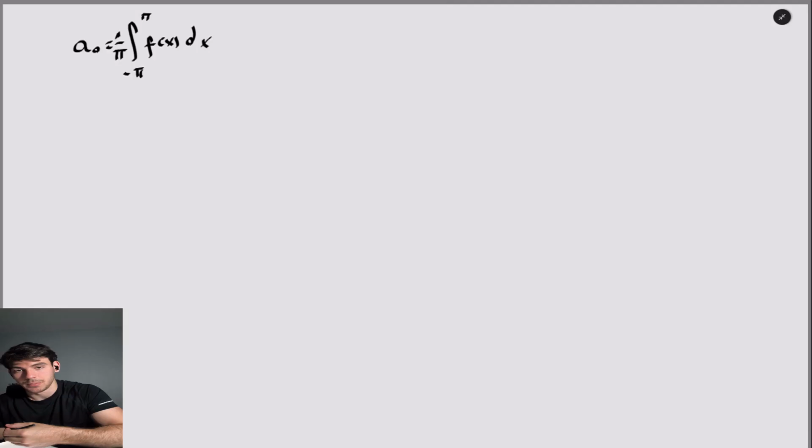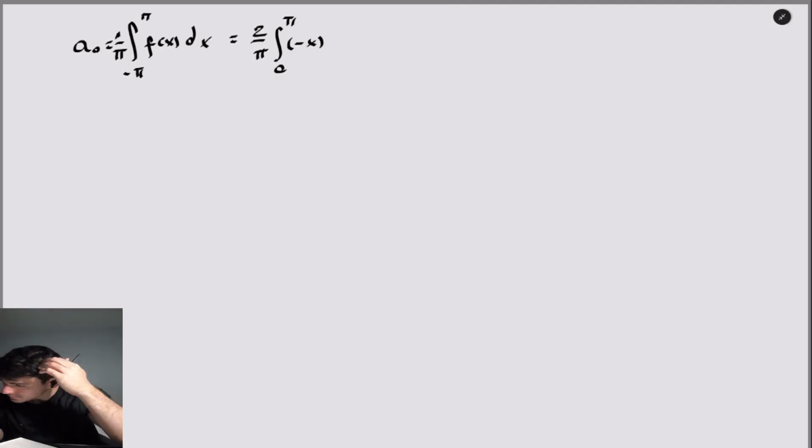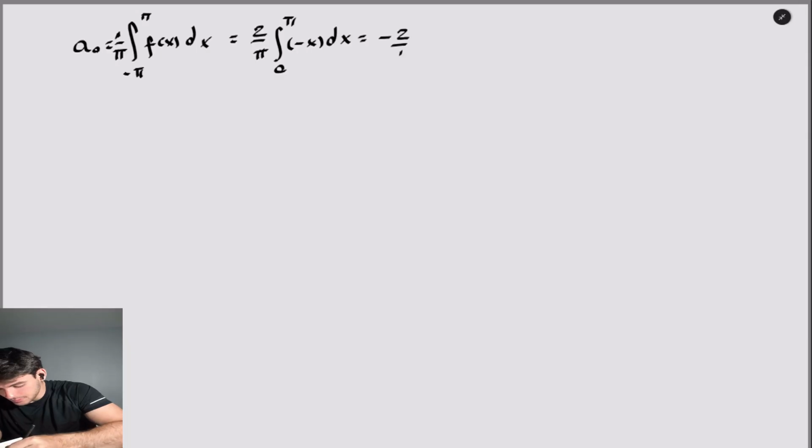We can multiply it by 2, cut the interval in half. So 2 divided by pi, integrating from 0 to pi. The value of f of x is minus x. So we'll have minus 2 divided by pi, integrating from 0 to pi, x dx.